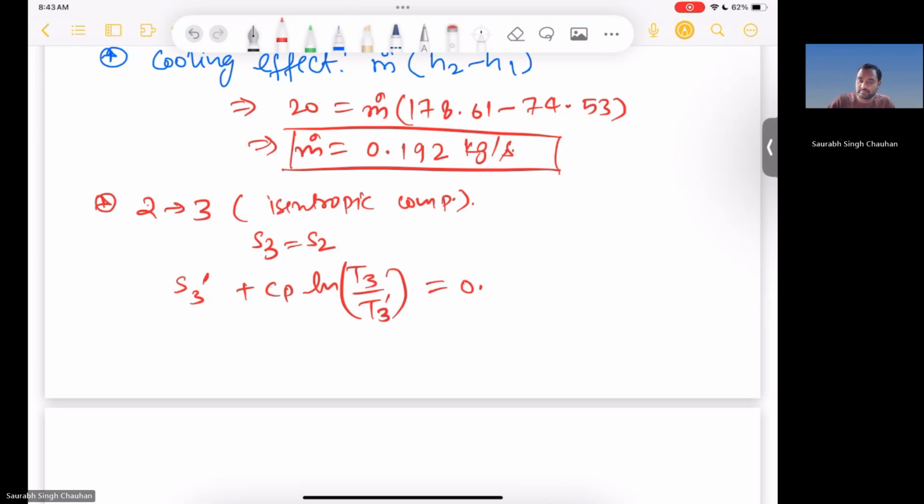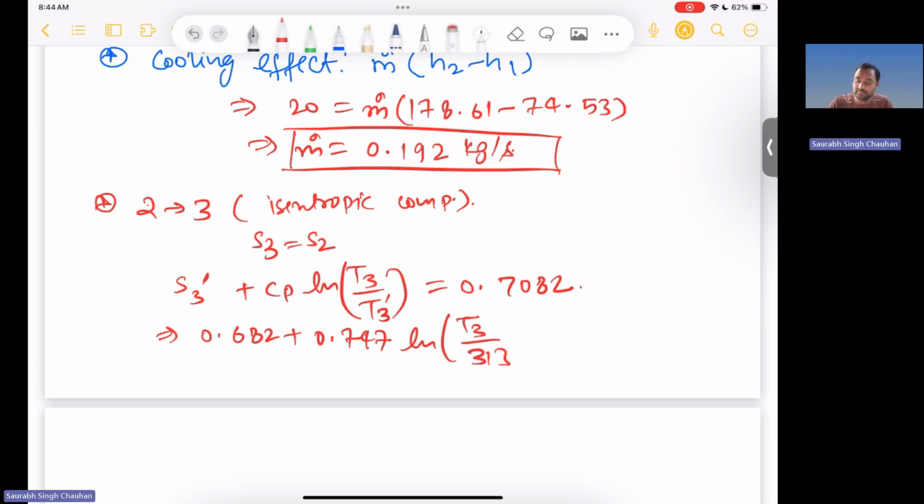Now if you substitute the values, what we get: 0.682 plus Cp, which is 0.747, ln of T3 over 313 is equal to 0.782.